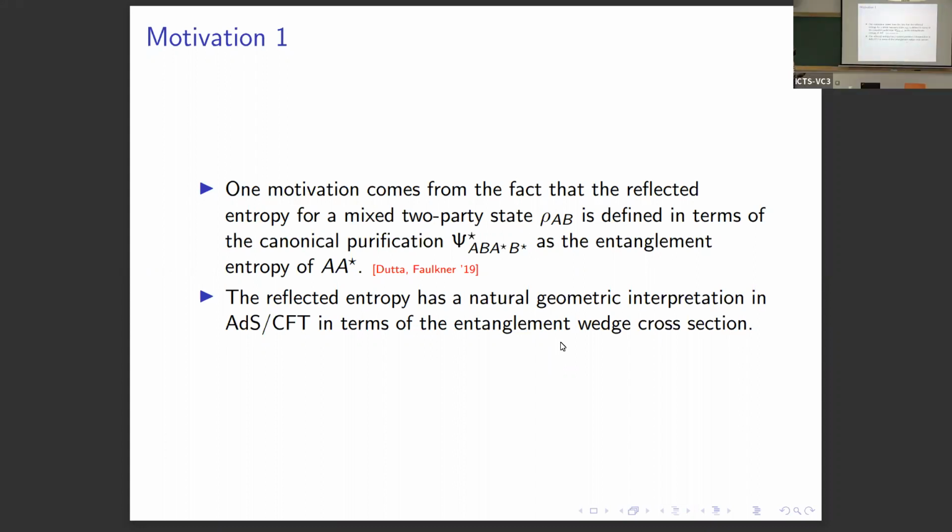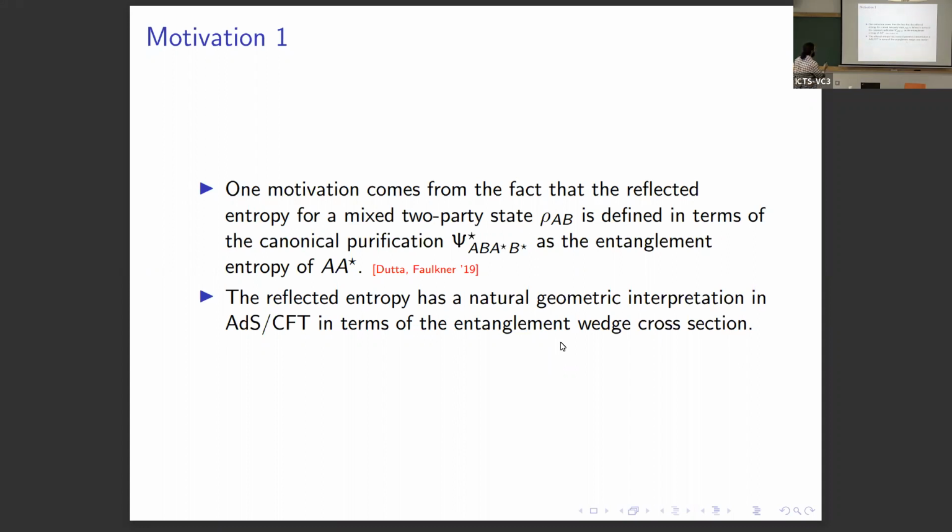People have thought about how to quantify the entanglement between factors A and B when the total state is not pure, such as the case could be here. This reflected entropy is one such interesting quantity, which turns out to have a natural geometric interpretation in AdS/CFT in terms of the cross-sectional area of the entanglement wedge of AB.